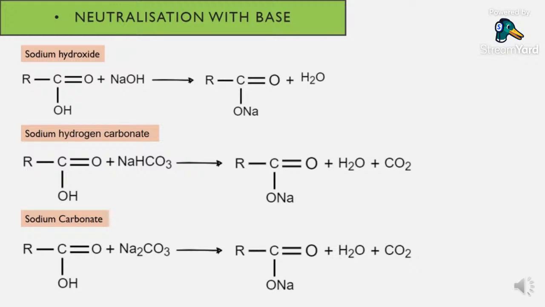We must break OH over here first into two. And also the bases, we take both OH here. And when these two combine, it will produce water over here. And the Na will combine with O over here to produce ONa.